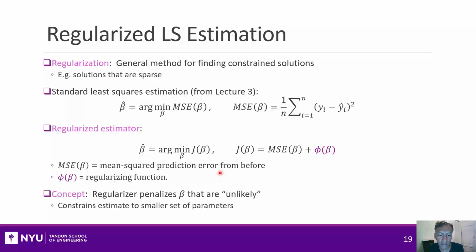And the concept is that you try to select this regularizer to penalize values of beta that are unlikely or undesirable in some way, and try to favor solutions of beta that I want. For example, solutions that are sparse.